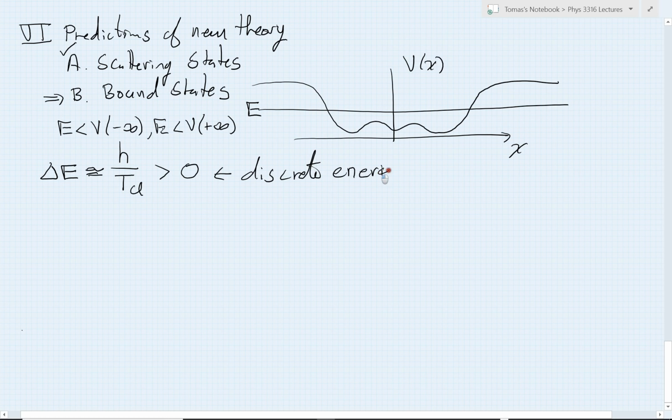Now, when I have discrete energies, that changes things a little bit for me. One of the most important things we have in quantum mechanics, as you guys know, for instance, how we solve the time-dependent Schrödinger equation, is the energy representation. But the energy representation now is going to take on a somewhat different flavor because of the discreteness of my energy levels.